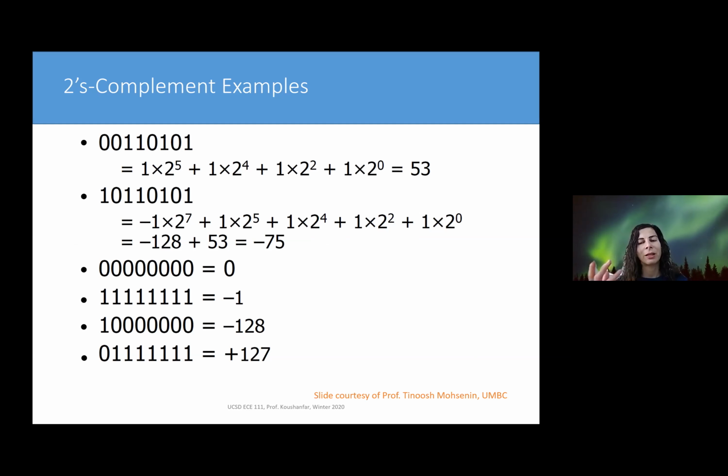So we have a 0 as part of the representation for the positive numbers, and then this will become 128 possibilities, and then we have minus 128 possibilities. The number of bits is 8, so the number of possibilities is 2 to the power 8, as you see here.